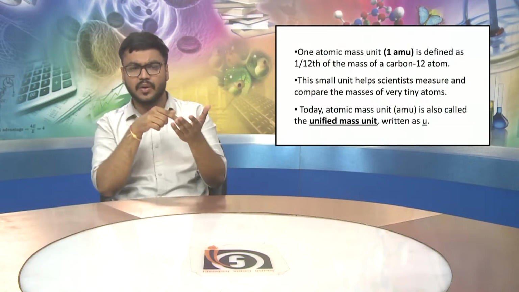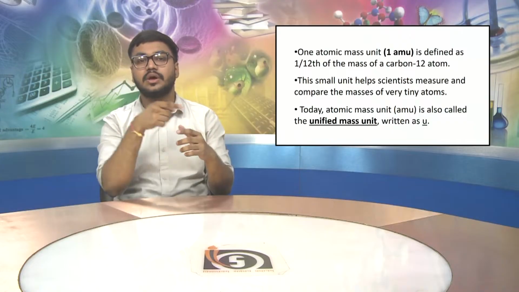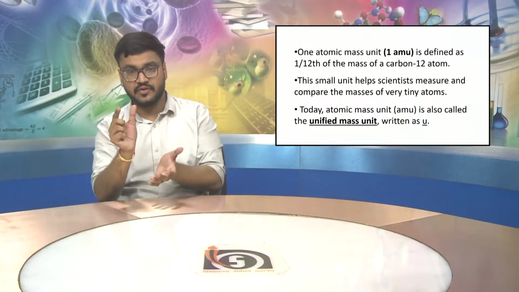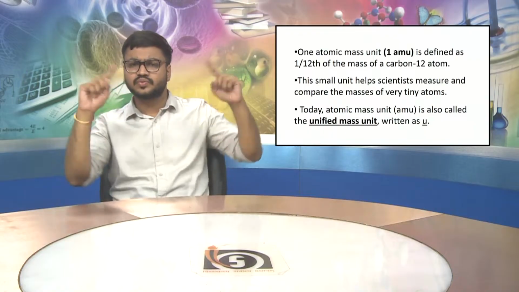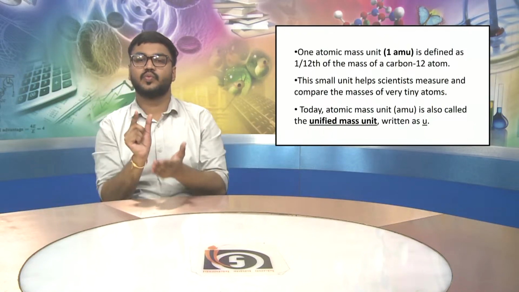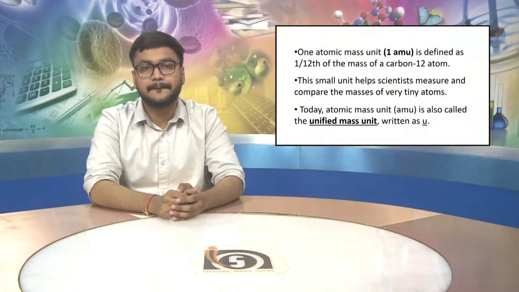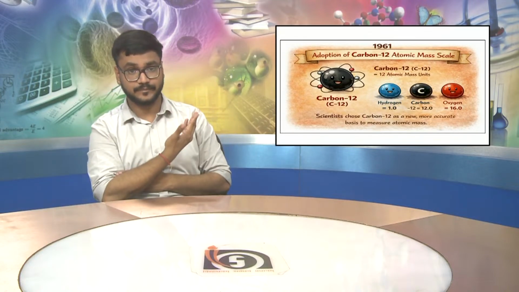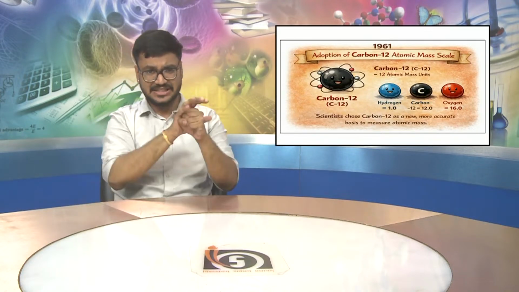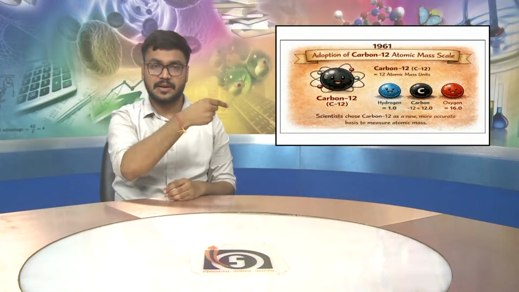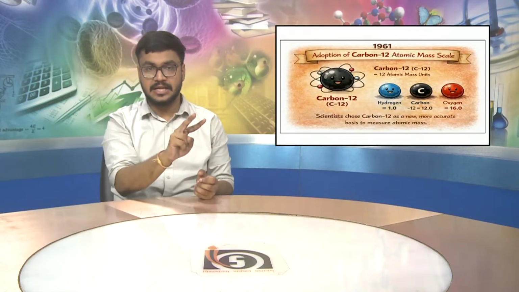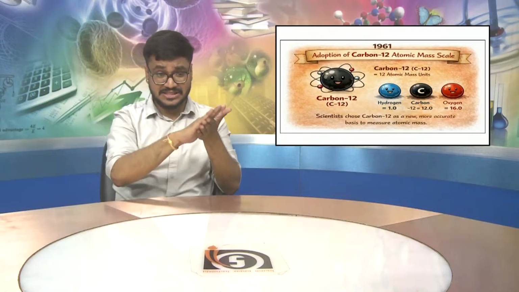And today, the atomic mass unit is also called the unified mass unit and written as u. There is a picture showing the adoption of the carbon-12 atomic mass scale in 1961.